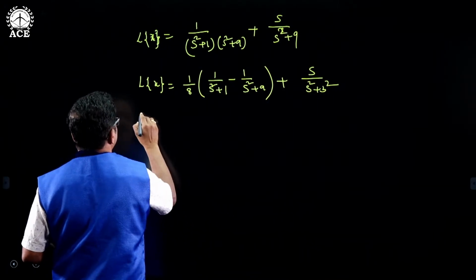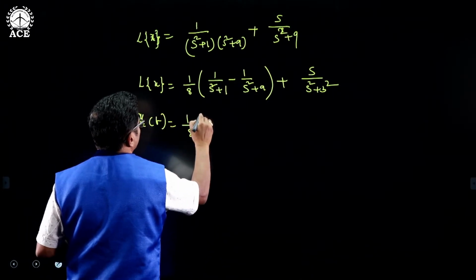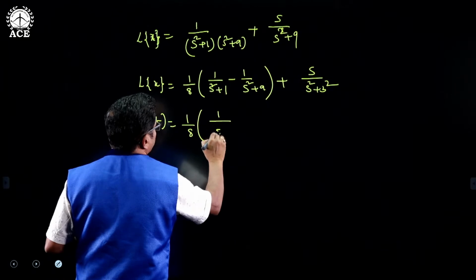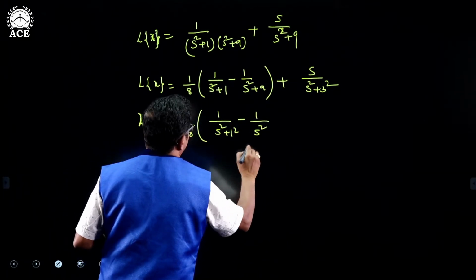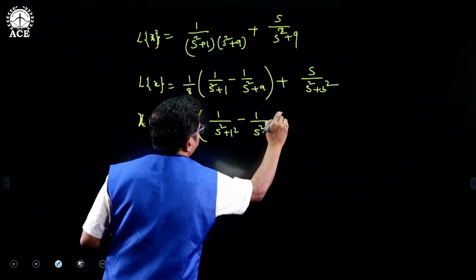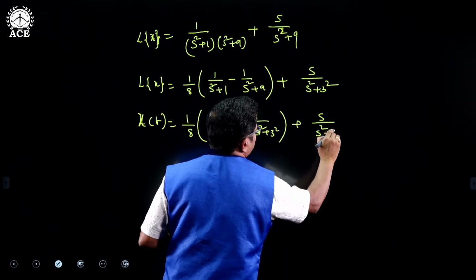So L of x, x of t equals 1 by 8 into 1 by s square plus 1 square minus 1 by s square plus 3 square plus s by s square plus 3 square.